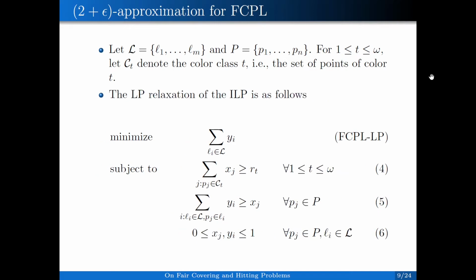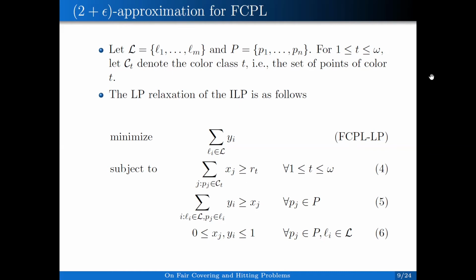And we can consider the LP relaxation of this ILP, but note that FCPL contains set cover as a special case. And that's why the LP integrality gap of this LP is at least the integrality gap of the set cover LP.